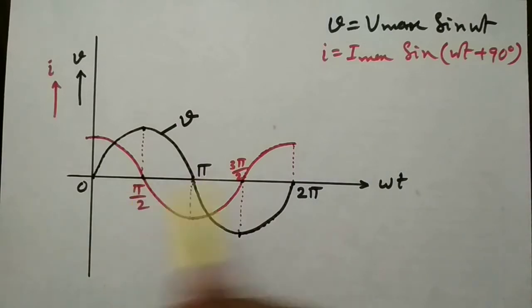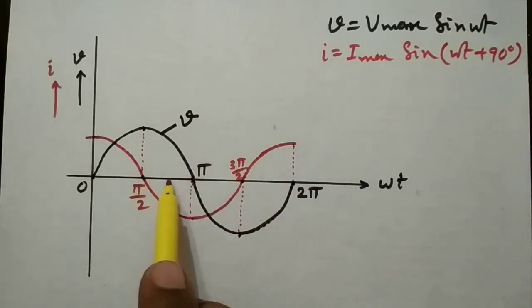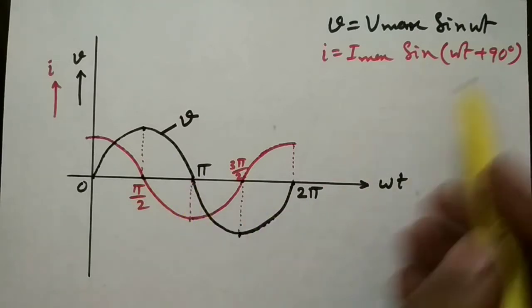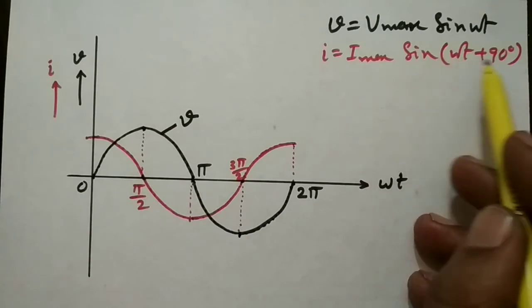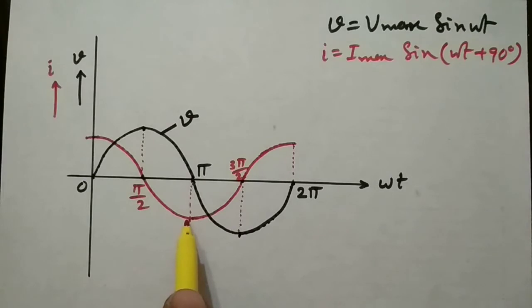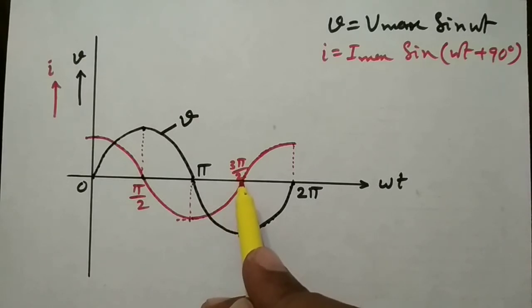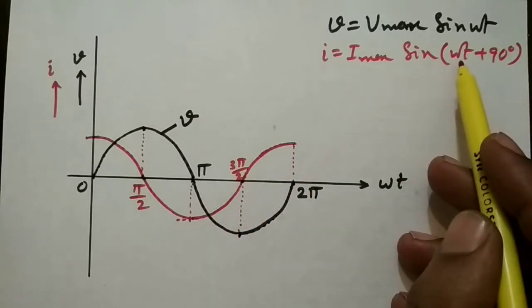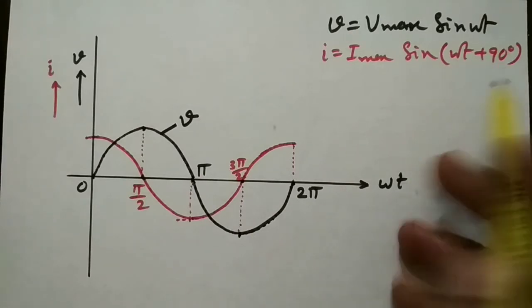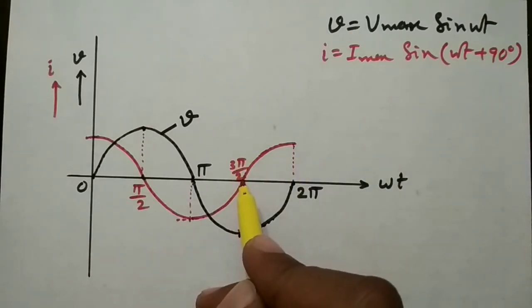After 90 degree, as omega t is further increased, the current will become negative. At pi, it will be sin(180 plus 90), that is sin 270 degree. The value will be minimum, so it will be negative Imax. At 3 pi by 2, that is 270 degree, it will be sin(270 plus 90), that is sin 360 degree. So the current will be 0.